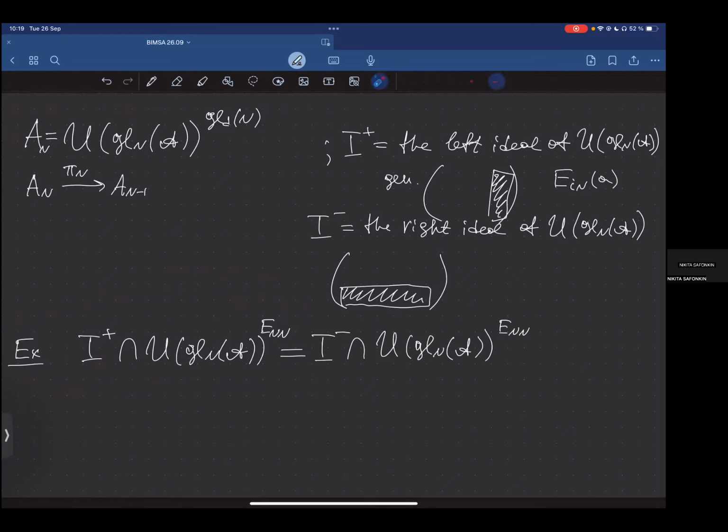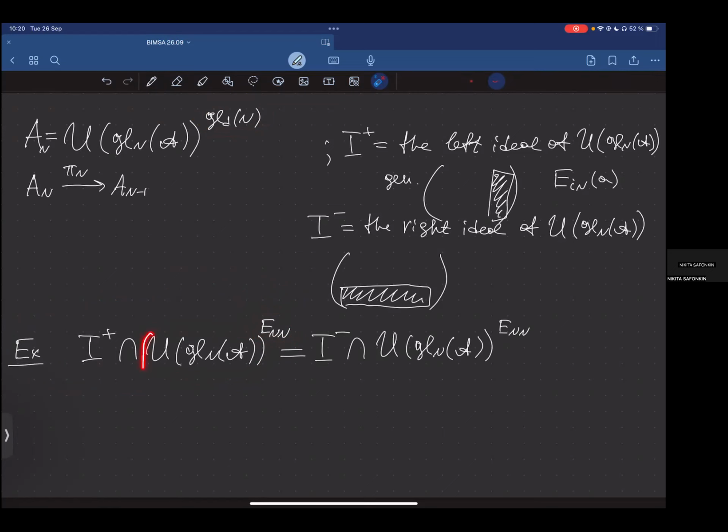Here we take not the whole invariants we're interested in, but all the elements of this universal enveloping algebra that commute with the last matrix unit.